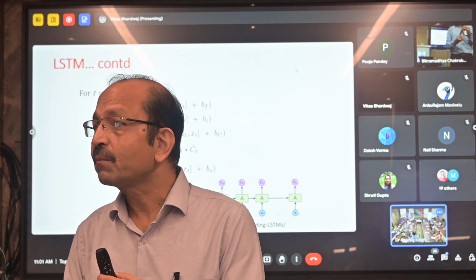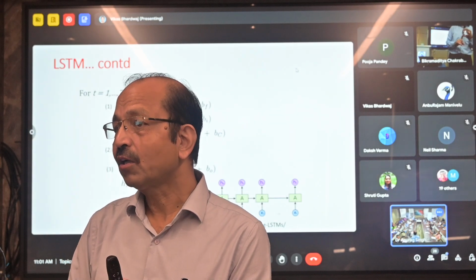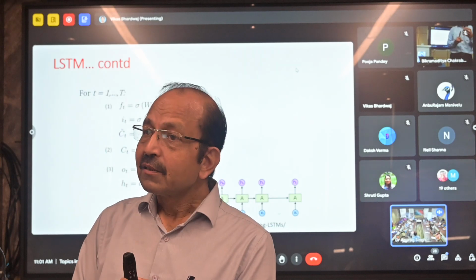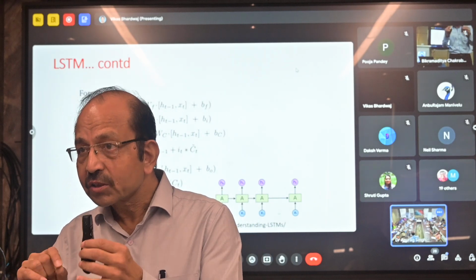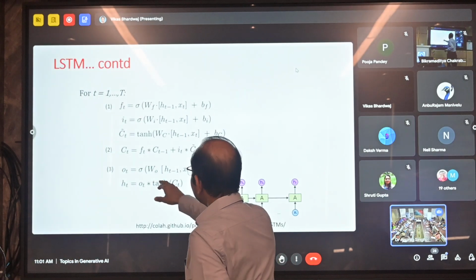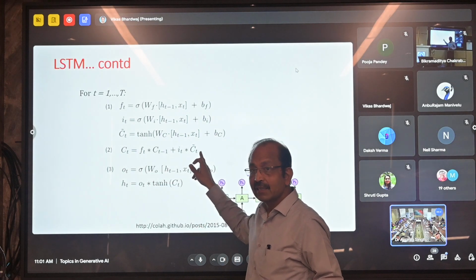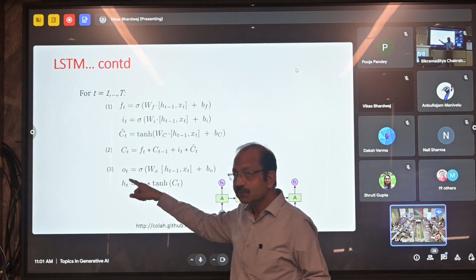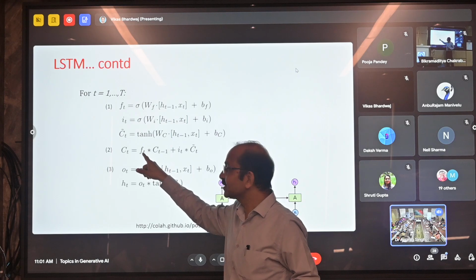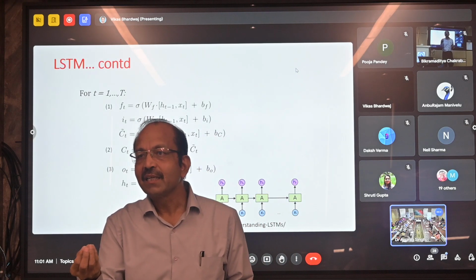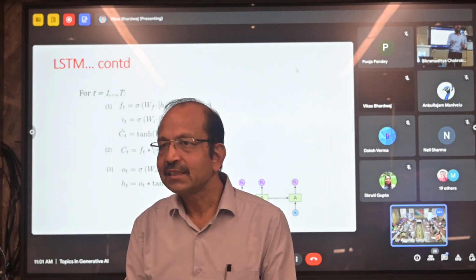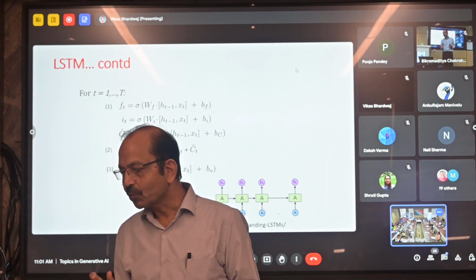It suffers from the vanishing or exploding gradient problem. But LSTM is able to resolve this, because of the way you have conceived it: Ct is a function of Ct minus 1, so if you differentiate Ct with respect to Ct minus 1, you will find that Ft is going to be some constant number which is not small. So this is not going to create the vanishing gradient problem.